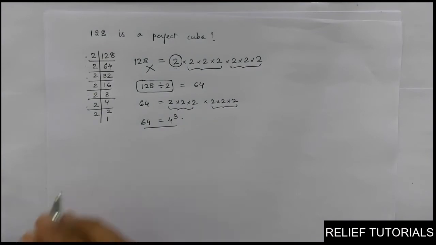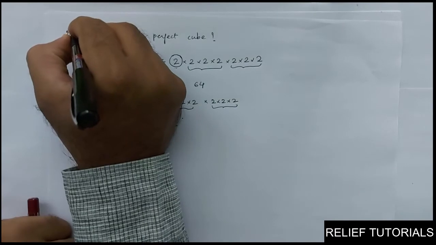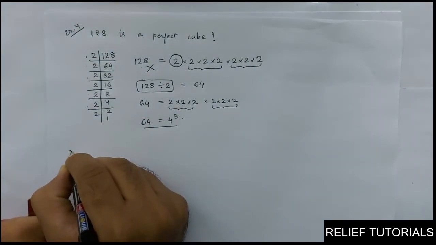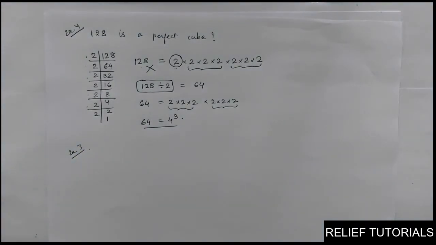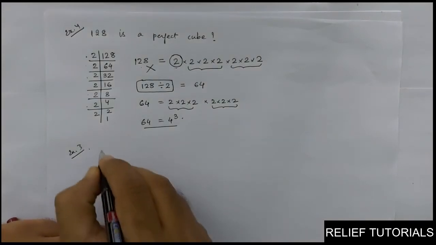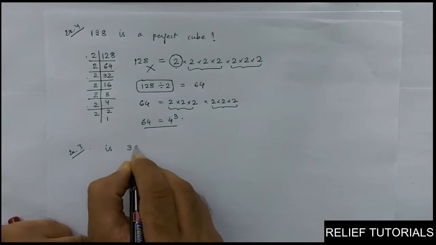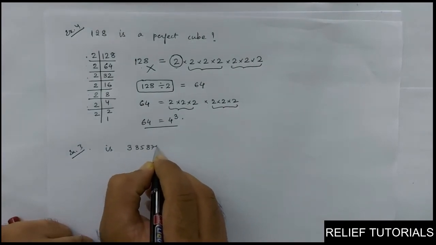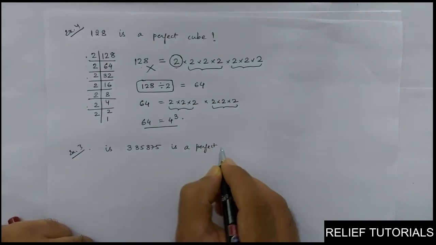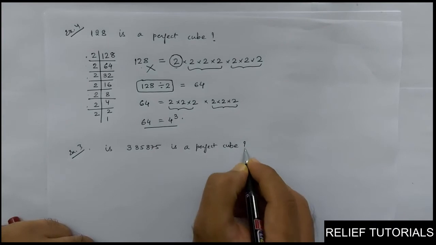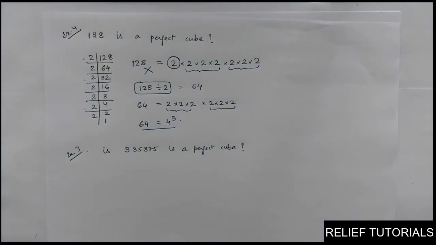This way. Example number 3 from your textbook, page number 48: find out whether 385,875 is a perfect cube or not, and if it is not, the question is, I am not writing the whole question, you can read it by yourself.